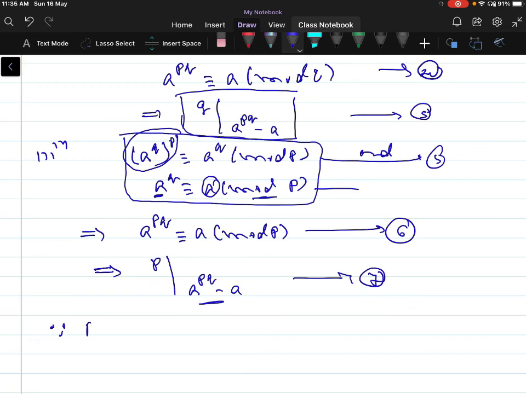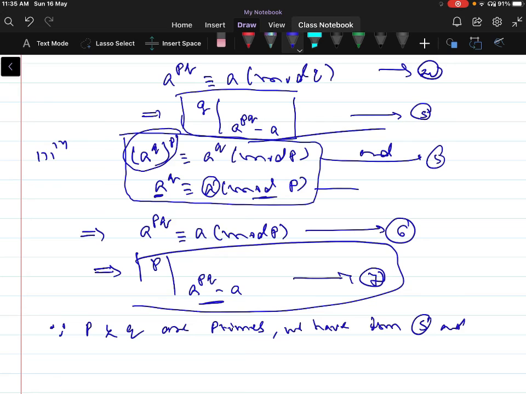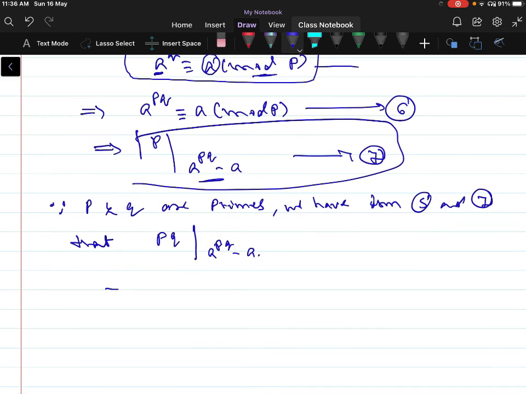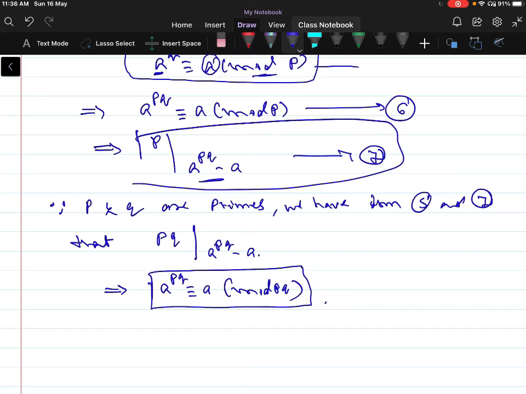Since P and Q are primes, PQ divides A power PQ minus A. So this implies A power PQ is congruent to A modulo PQ. So this is the result of the lemma.